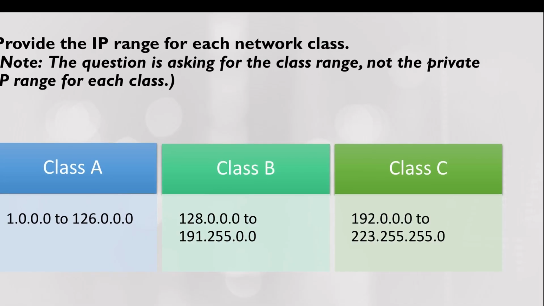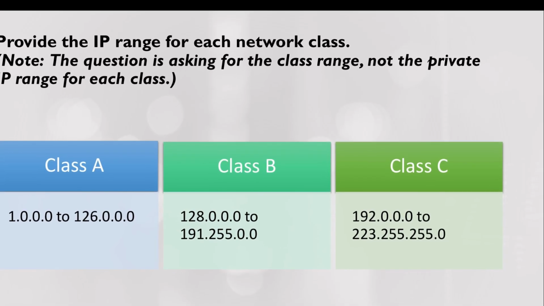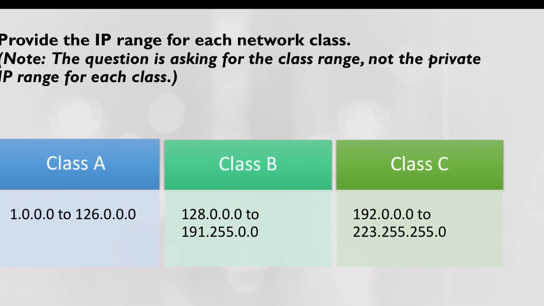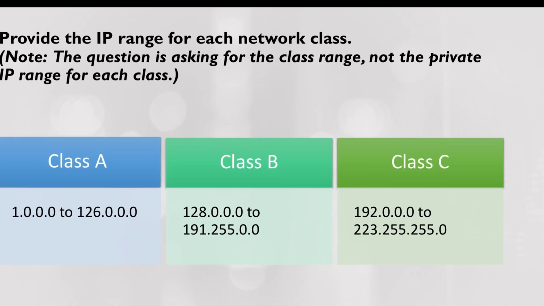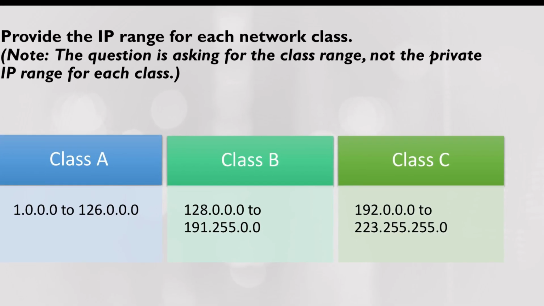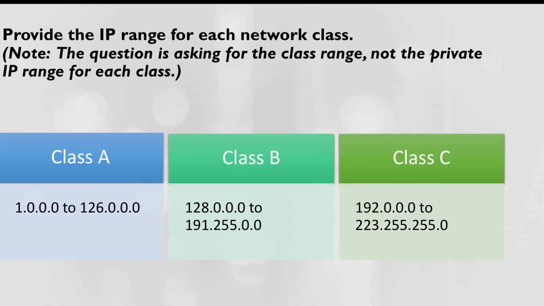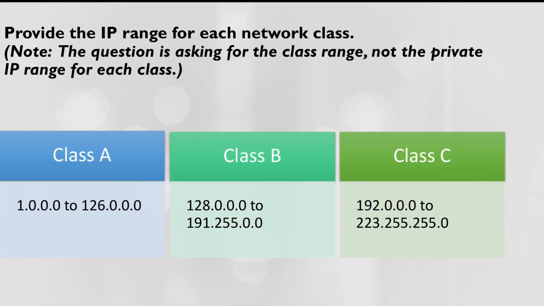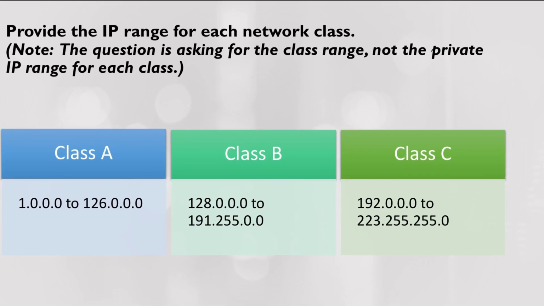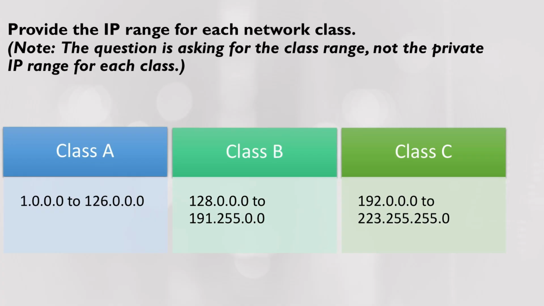The next question is, provide the IP range for each network class. The question is asking for the class range, not the private IP range for each class. Class A is 1.0.0.0 to 126.0.0.0.